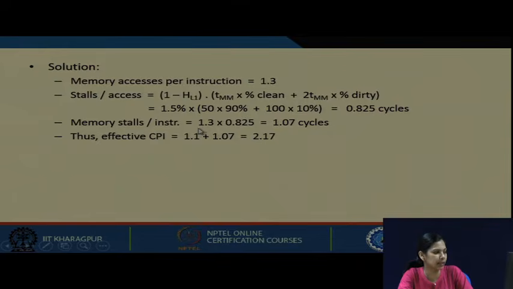We just multiply the total memory accesses per instruction and the memory stalls per instruction, and we get 1.07 cycles. Thus, what will be the effective CPI? 1.1 plus 1.07, which is coming to 2.17, which is even less than the realistic write buffer case we used in our previous example with the write through policy. So these are the two examples we have discussed for writing into the cache using write through and write back.